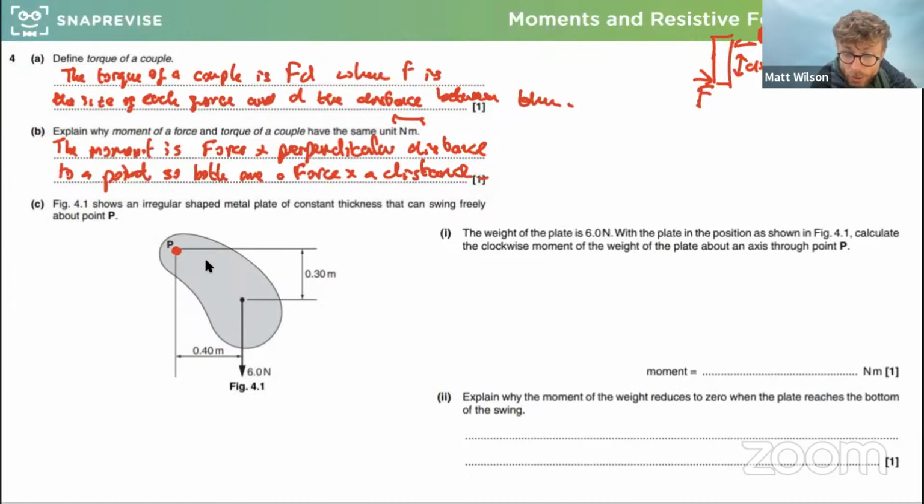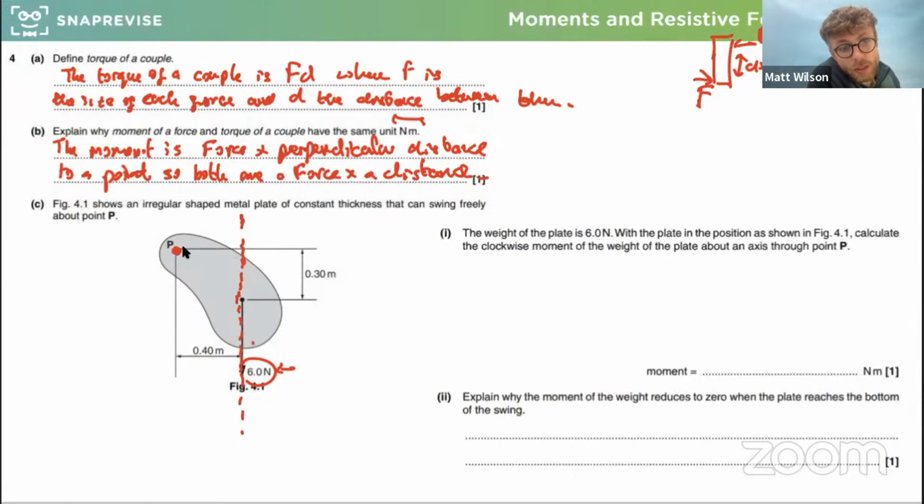Okay, so that sounded complicated when we said it out loud, but it's lots of words. Clockwise moment. Okay, what of the weight of the plate? That's this thing here. Fine. About an axis through point P. So they want the moment of this force around this point. Remember what we do? We find the line of action of the force, which is this one here.